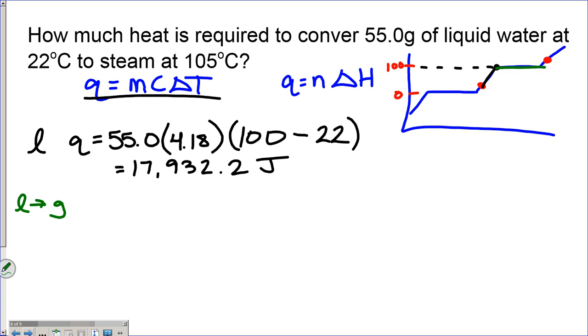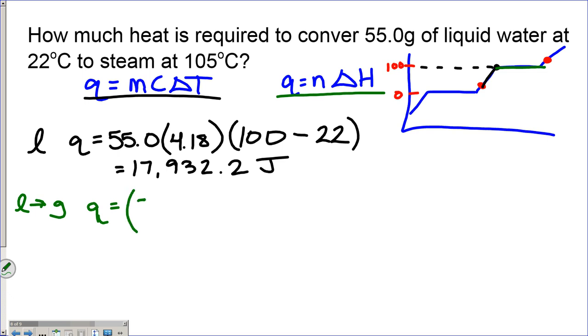So we have to use our second equation, Q equals n delta H. This is a little bit different from what we did in Chem 1, because in Chem 1 you had everything in grams. But if you remember, our values for delta H are in kilojoules per mole. So we cannot do grams times kilojoules per mole. We have to plug in moles for n. You can do that in one simple step.